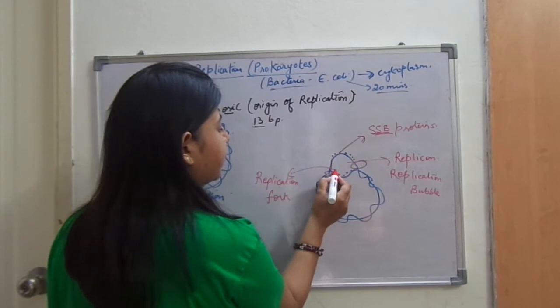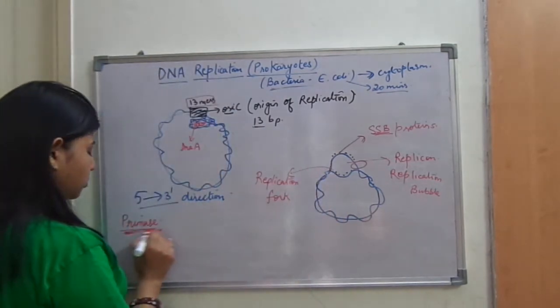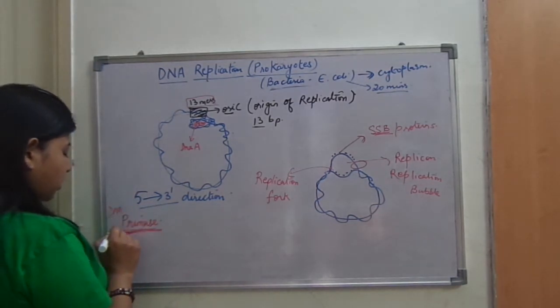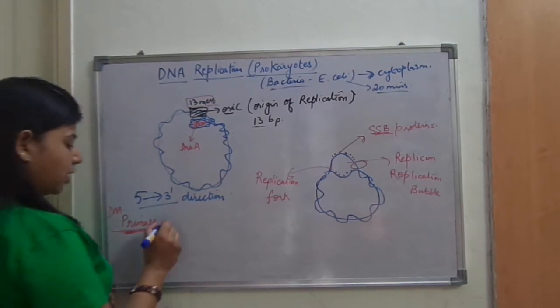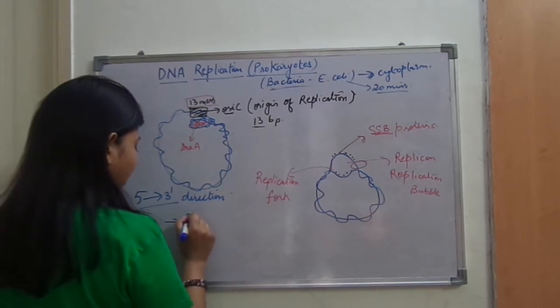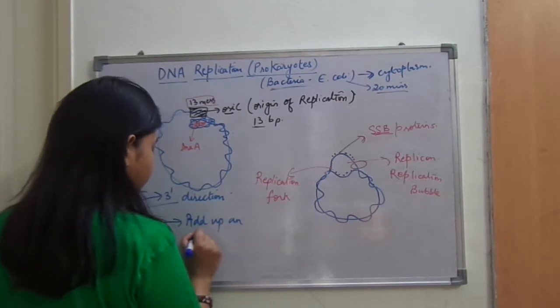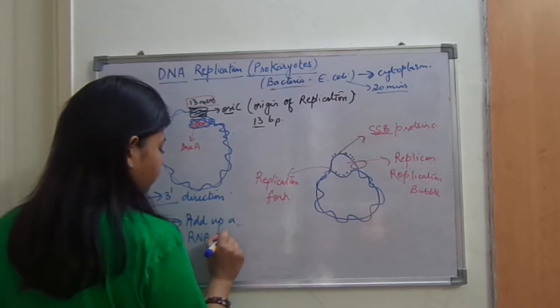So at this position of the fork, the enzyme primase is going to attach. Because it is attaching to DNA, it is also known as DNA primase. The function of this enzyme is to add an RNA primer.